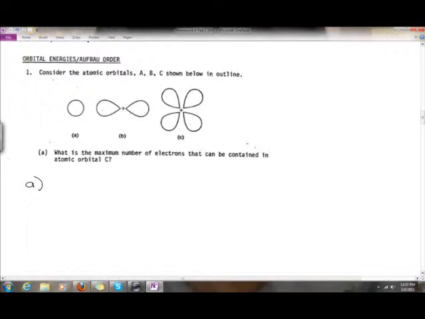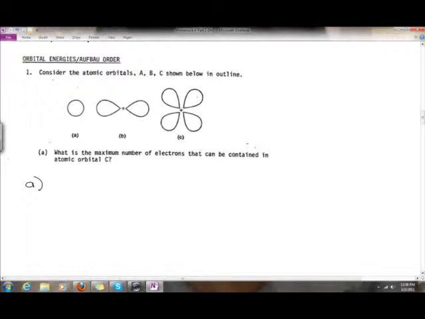This would be the D, this would be the S, and this would be the P, one of the orbitals, and this would be 2 orbitals on P, PX and PY, or PY and PZ.